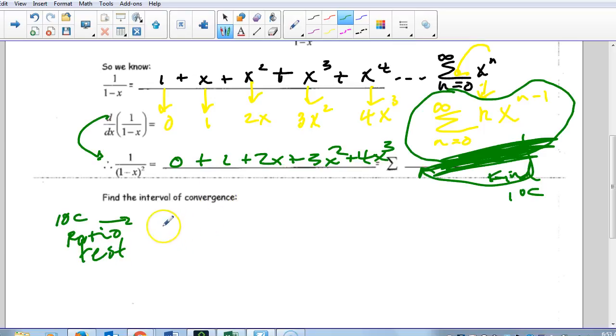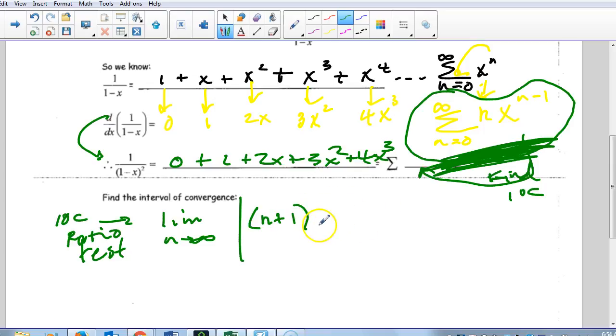Okay, so I'm going to say the limit as n is getting huge of the absolute value, and I promise you, make sure that you are using correct notation, otherwise it is a lie, and we don't like to lie.